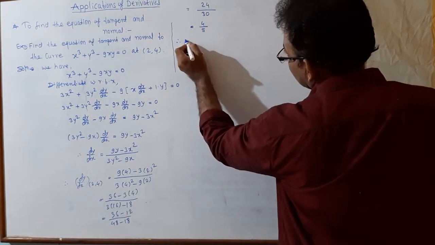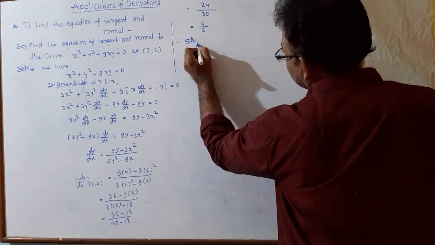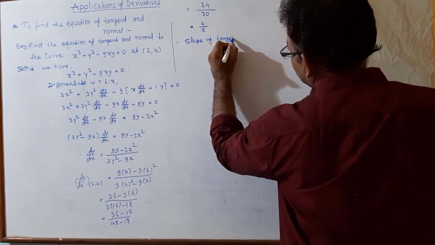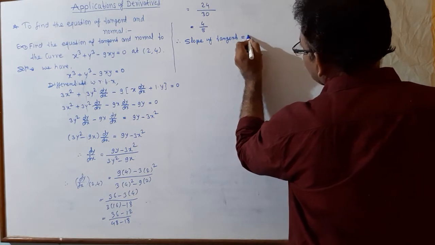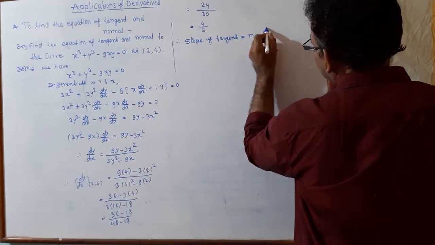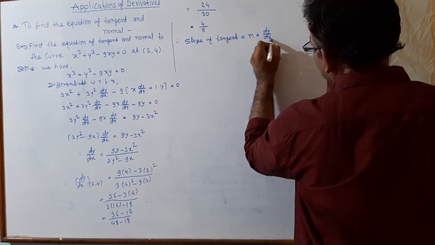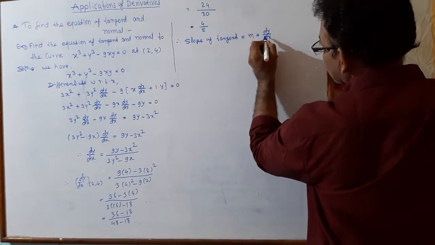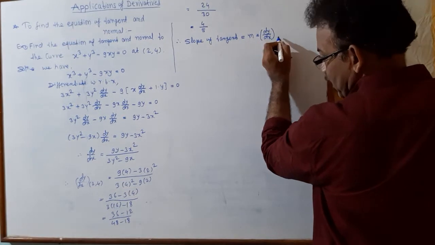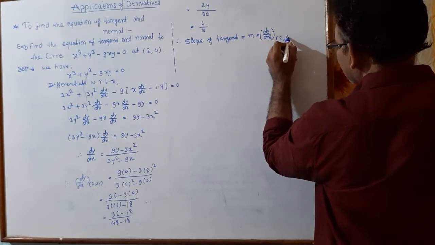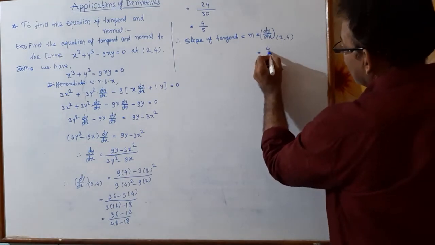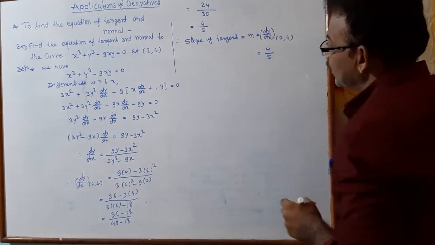But we know that the slope of tangent is given by the derivative dy by dx, and the point is also given. That point is (2, 4), and earlier we calculated that the slope is nothing but 4 divided by 5.